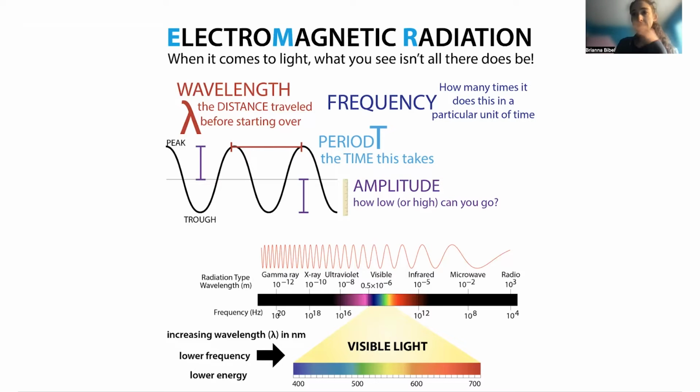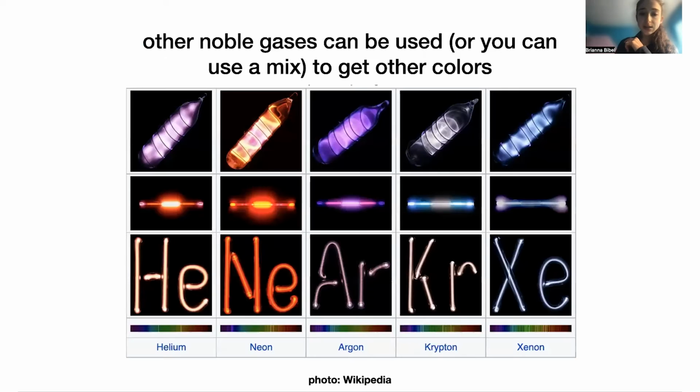If you were to look at how many times the wave would hit a wall in a certain time, how many peaks it would hit, that would be the frequency. So we would have a higher frequency, higher energy, shorter wavelength. Think about those different colors of light as corresponding to different energies.